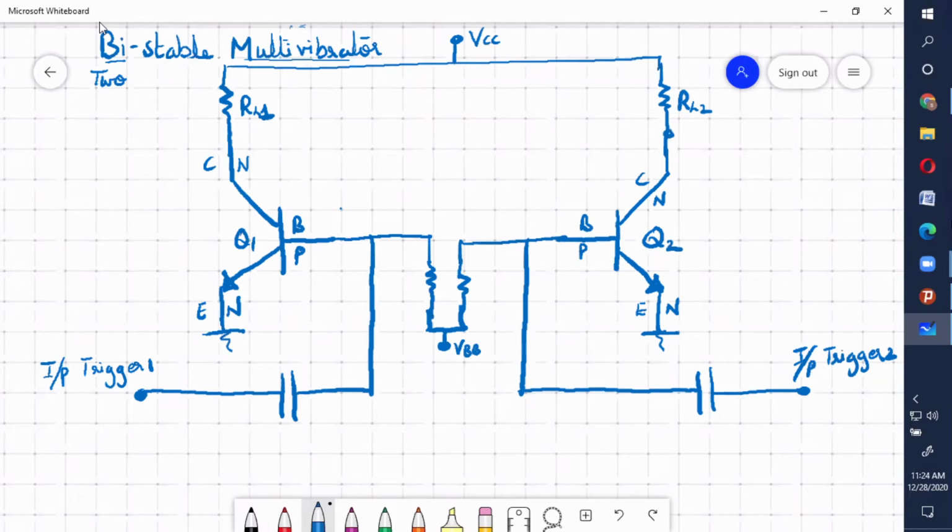From here, what I'm getting is the output at this point, which I'm calling VC2.